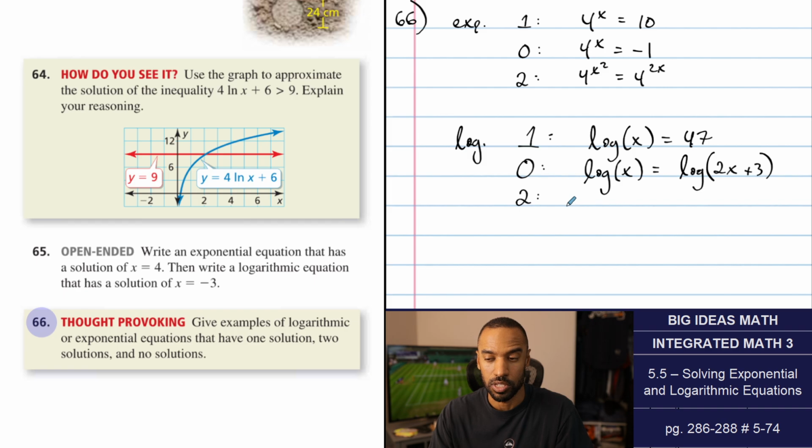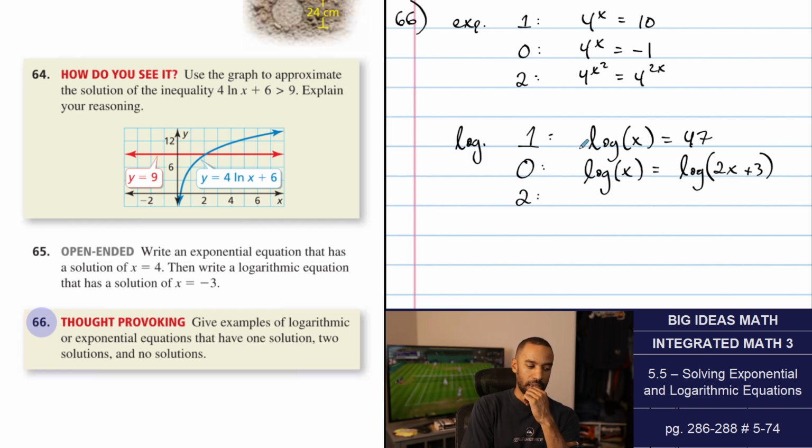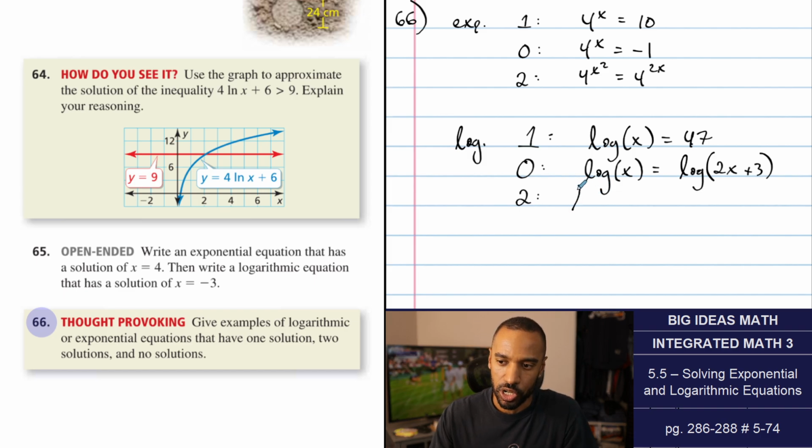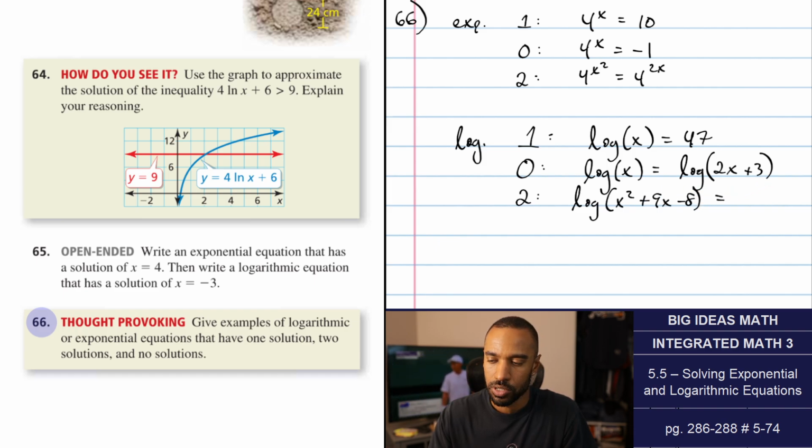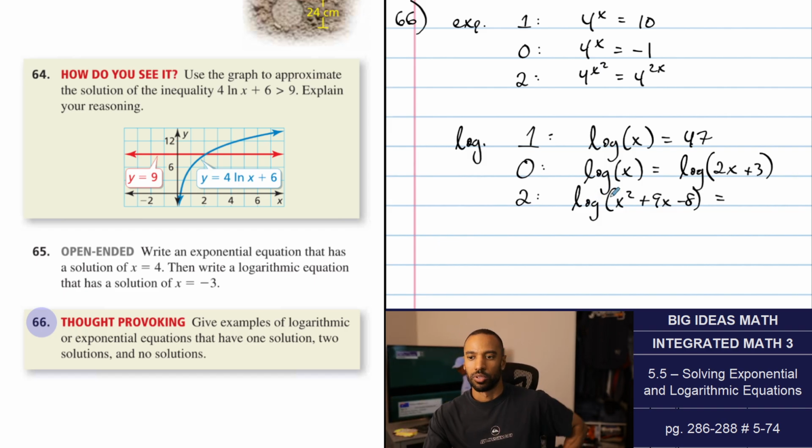Now, they set ones up with quadratics that work together. I don't want to make ones that kind of falter here, so let's just do a quadratic inside there. I'm going to kind of cheat again with this because I don't want to really come up with one on my own here. Log of x squared plus 9x minus 8 equals, and then let's do a different base.